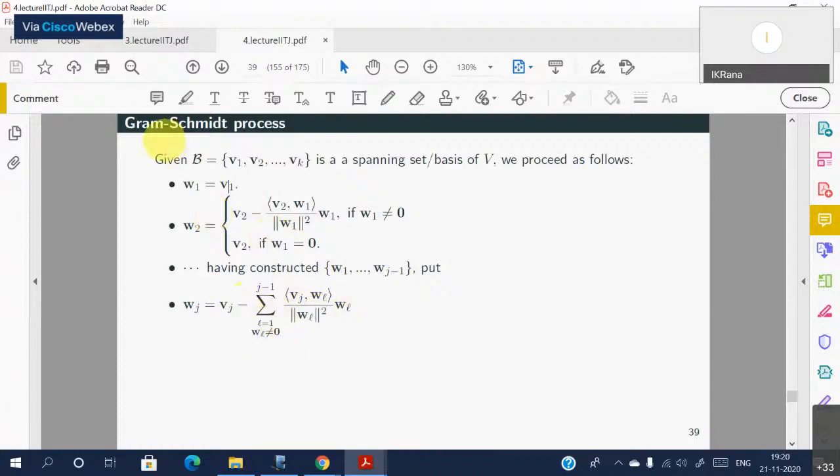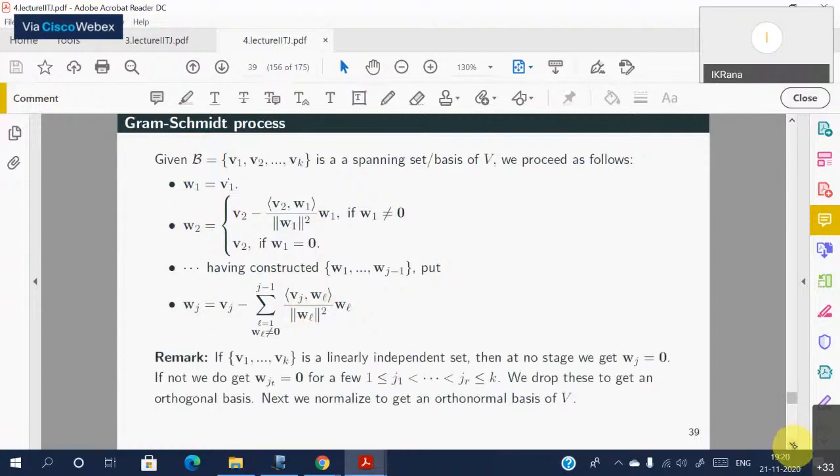So this is an inductive way of constructing an orthonormal spanning set from the given spanning set. Okay, but this will actually give you an orthogonal set, not an orthonormal one. They will all be mutually perpendicular, and then you have to make their norms equal to 1 to make them orthonormal. When you remove, you will only get perpendicularity.